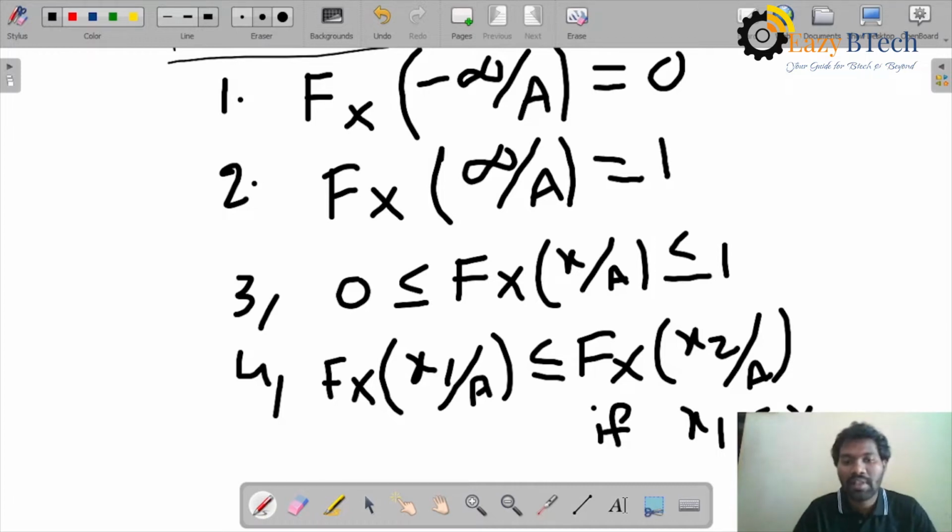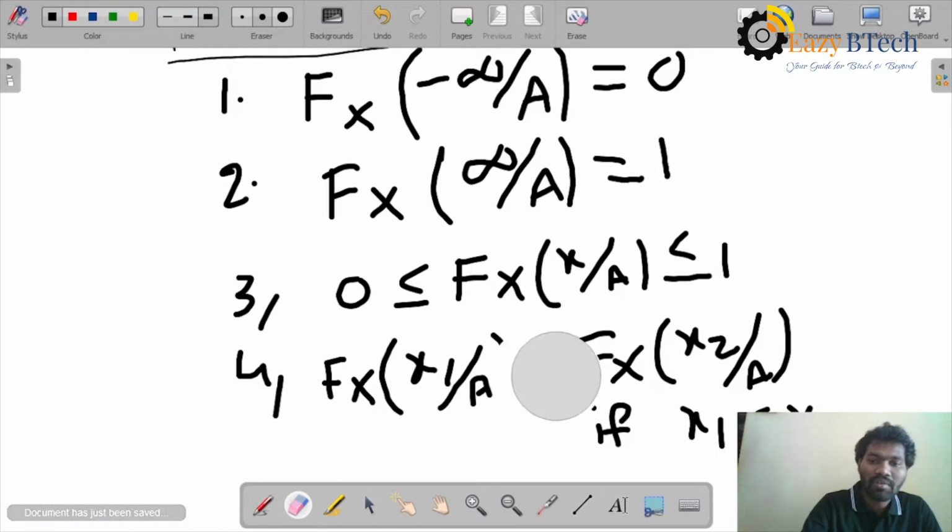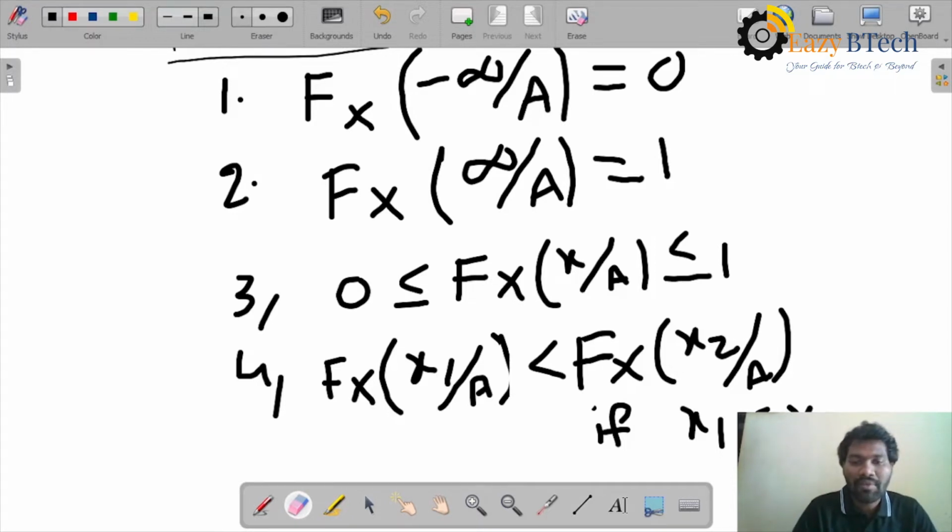If you remove the equal to, then Fx of x1 given A is less than Fx of x2 given A if x1 is less than x2.